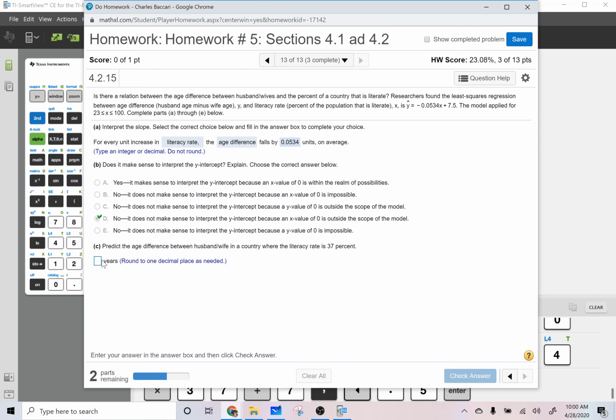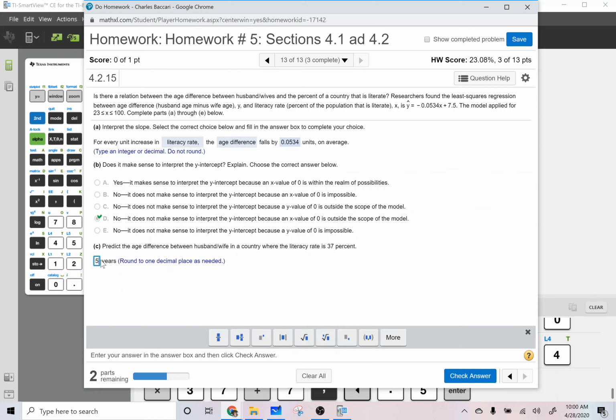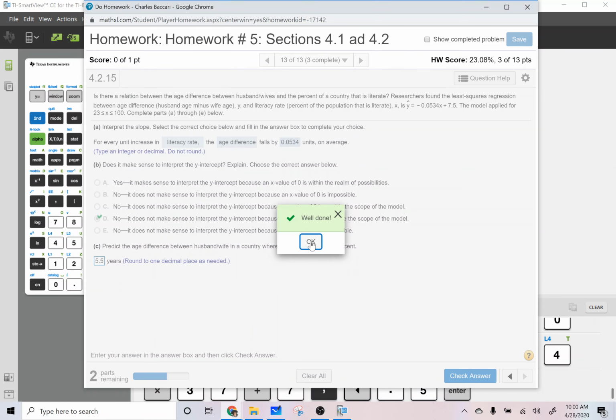That's 5.52. I think it wants one decimal place. Yeah, 5.5. Check it. Good to go.